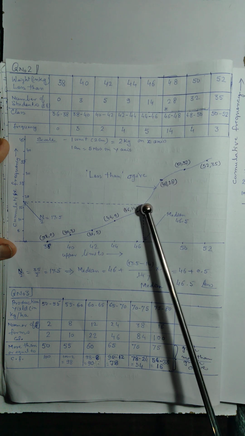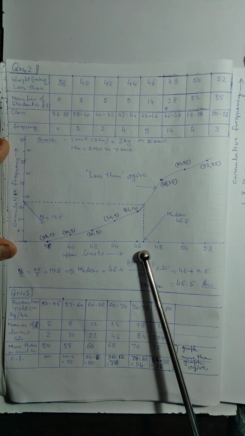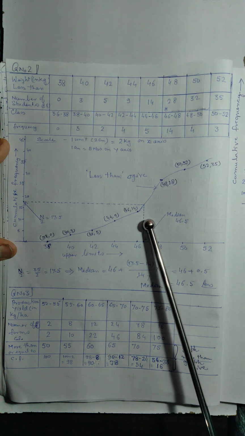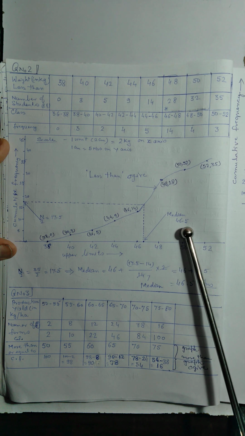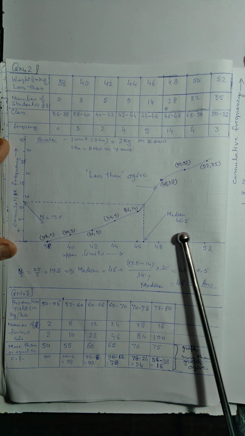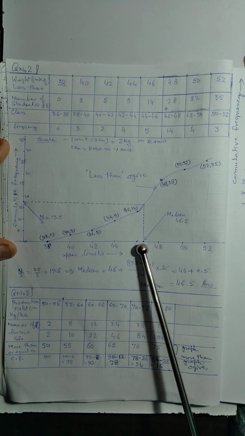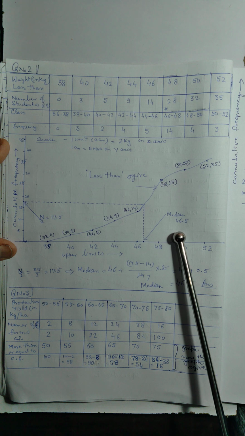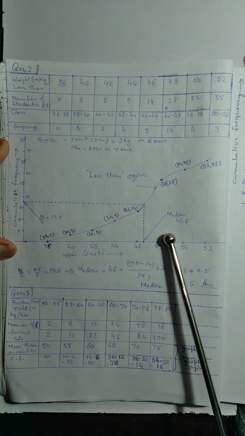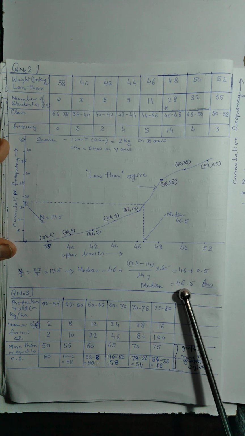From the intersecting point, drop a perpendicular on the x-axis. The point that is 46.5 will be the median. So graphically we have worked out the value of the median, and mathematically we have worked out the same result.